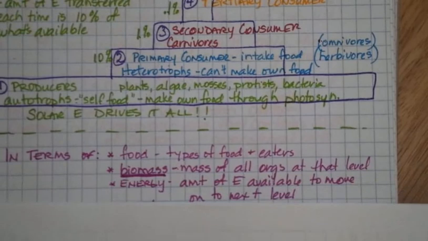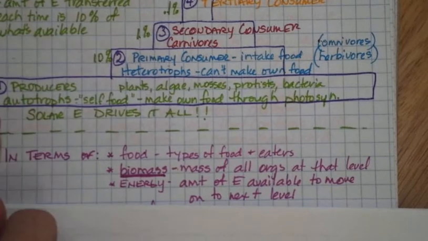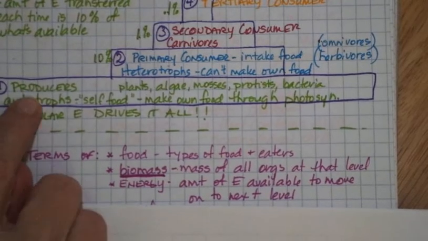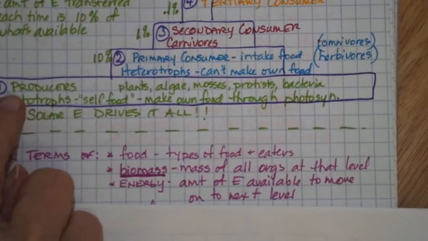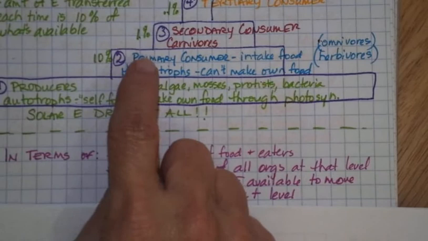We can talk about it in terms of energy, the amount of energy available to move on to the next level. So here at the first level up here, that's 100% of the energy. You have that written down. All of that 100% of the energy is eaten by the primary consumer. However, a lot of that's used up.